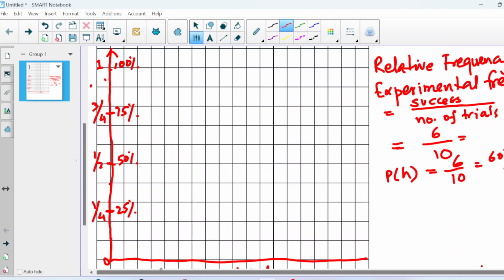And these we can call just the number of trials, 1 2 3 4 5 6 7, and so on we can count, and then we can plot.